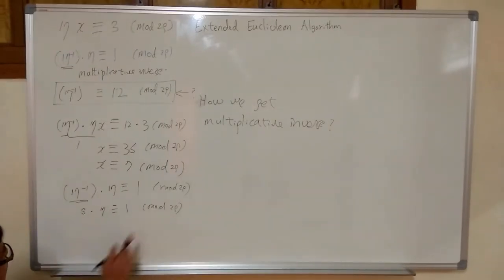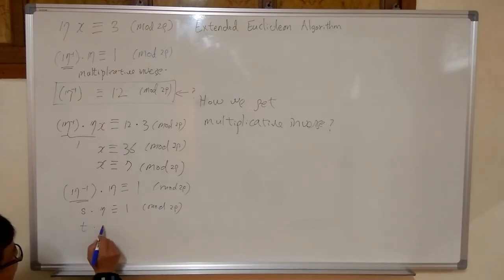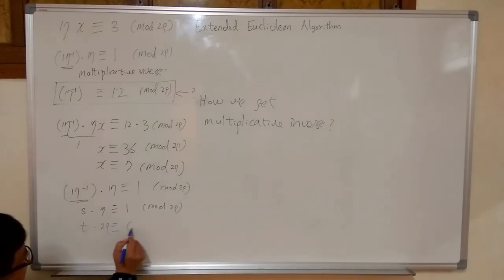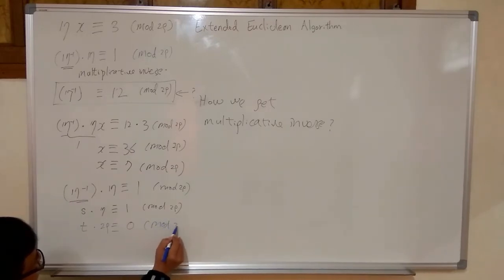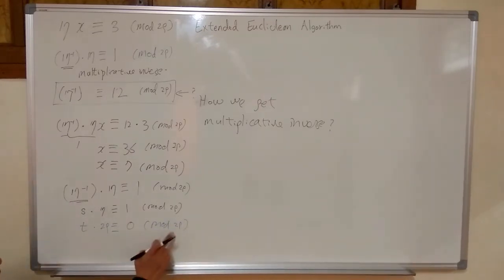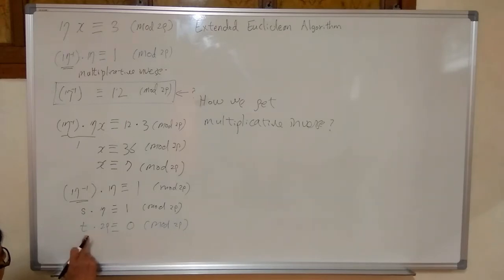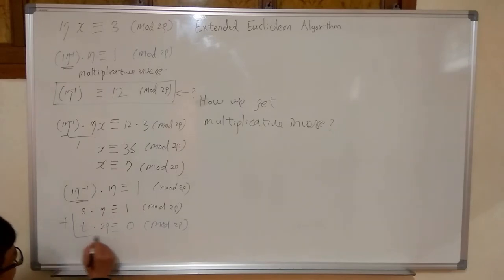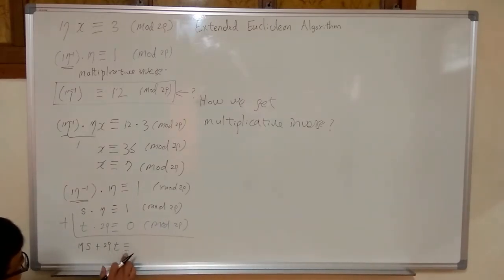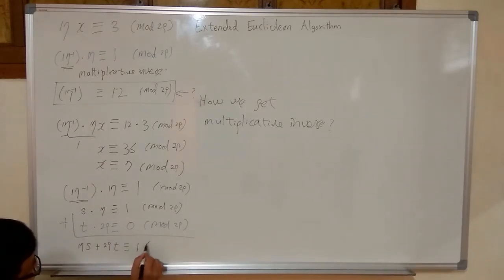Since for any number t, 29t is 0 mod 29, we can write it like this. If we add them, then it becomes 17s plus 29t equals 1 mod 29.